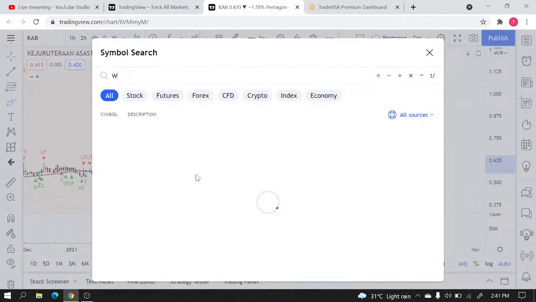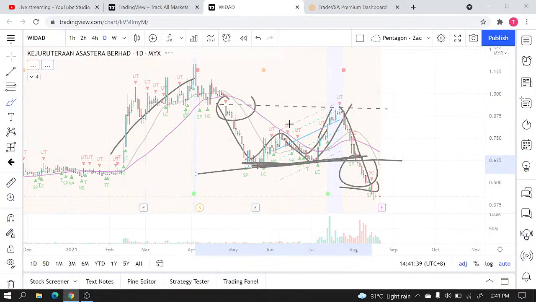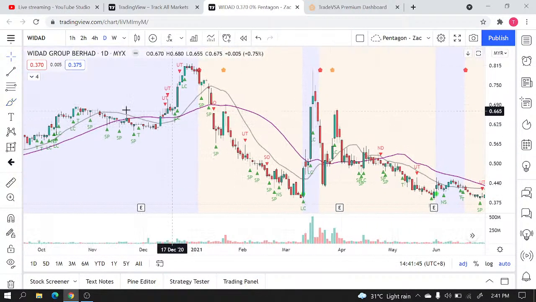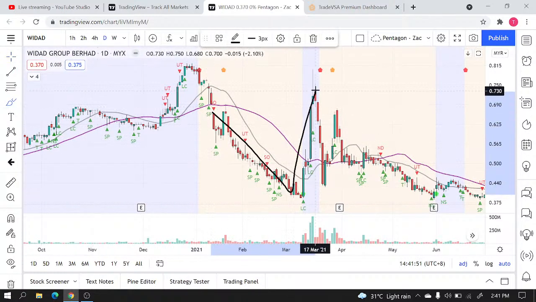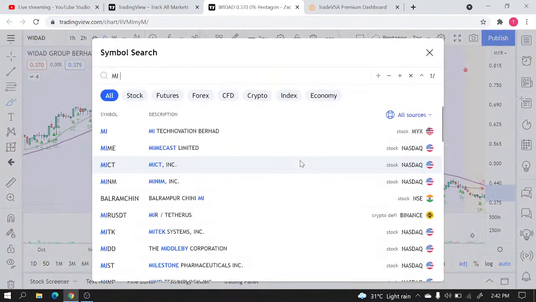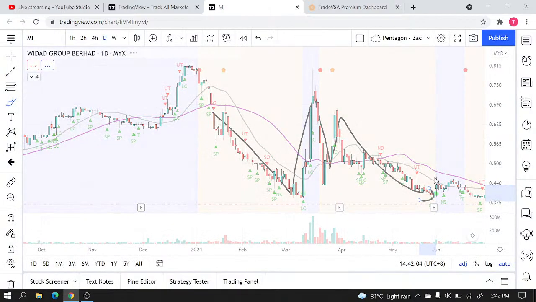If I look into VDAT, this is also a V recovery type. Usually this kind of recovery I don't like to participate in because either you win big or you lose big. So here, another round before downtrend. Maybe MeTech lah, again just to show a few examples.